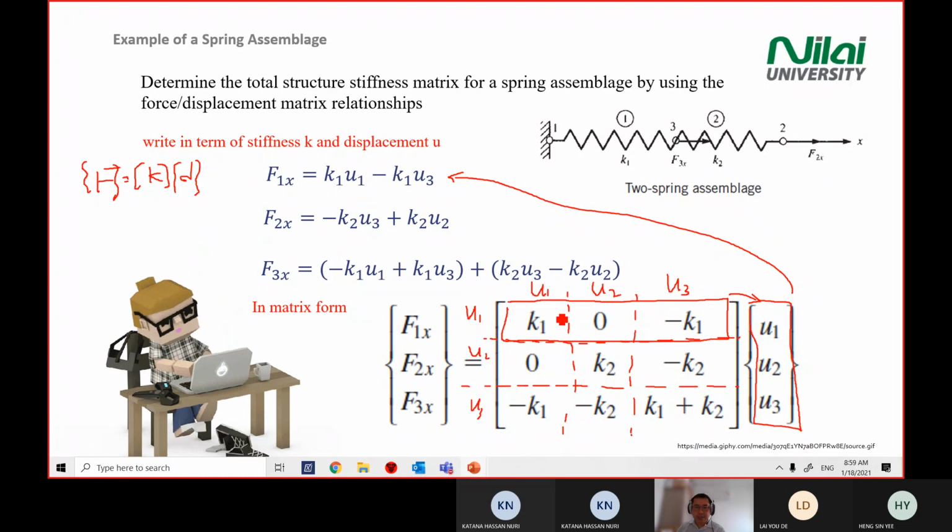All right. So again, just repeat the matrix concept. You take K1 times U1 plus 0 times U2 plus negative K1 times U3, and you get the first equation. Repeat the same for F2x and F3x. Then it will make sense to you that you will get this matrix.